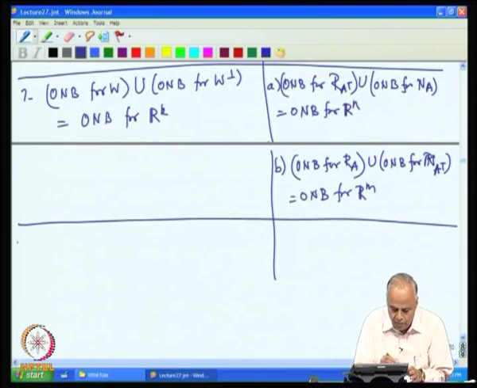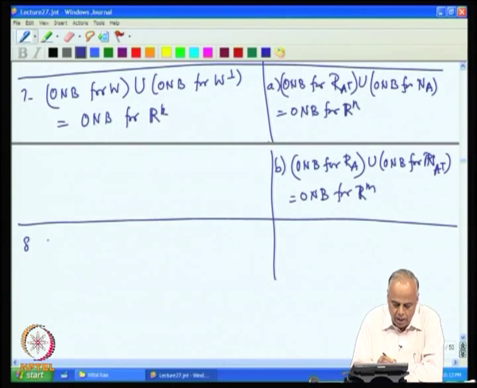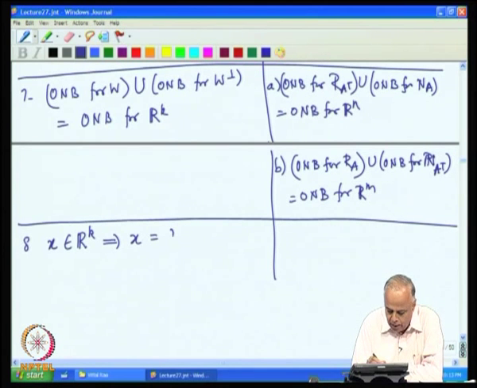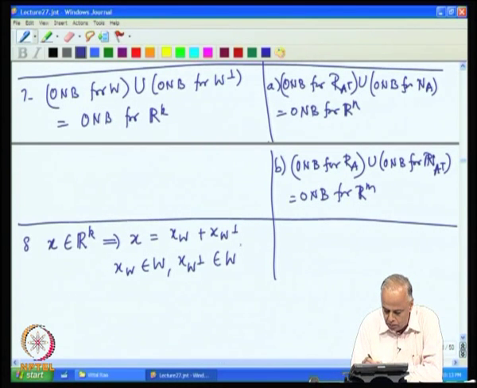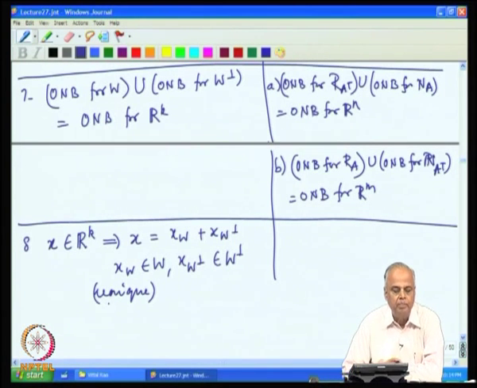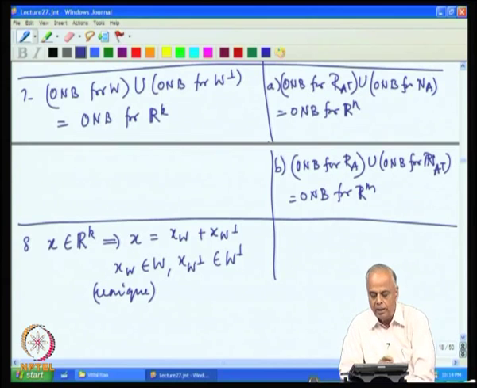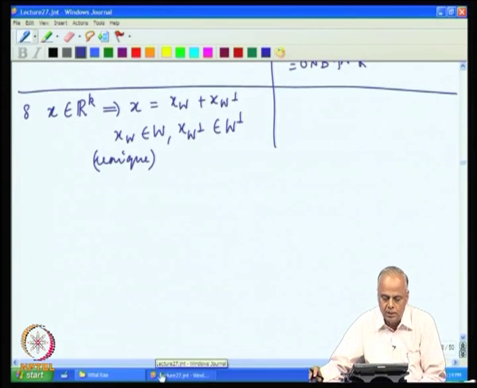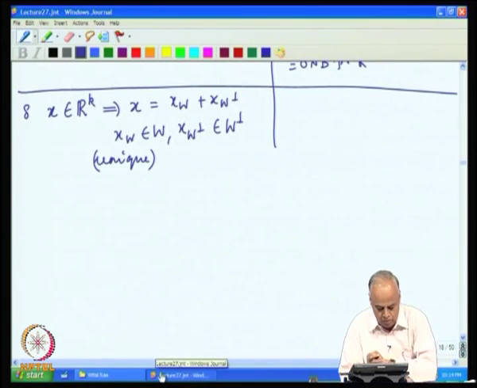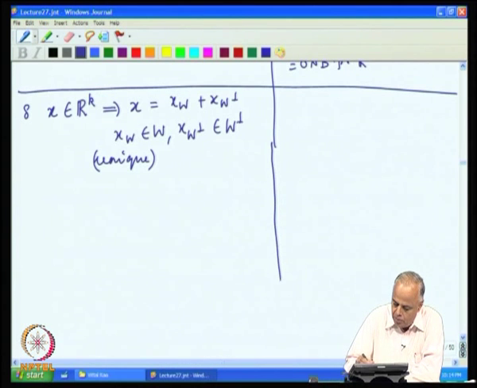Again, we found that x belongs to R^k implies x is equal to x_W plus x_W perp, x_W belongs to W, x_W perp belongs to W perp, and this decomposition is unique. Any vector in R^k can be decomposed as the sum of a vector in W and a vector in W perp.